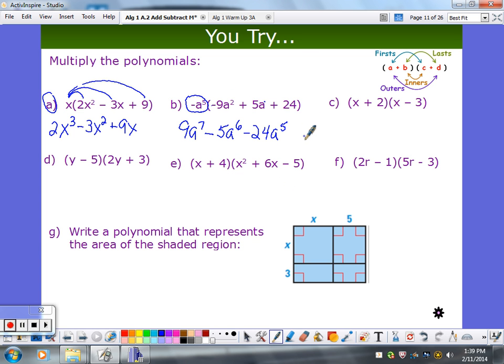All right, and now let's look at this guy. Now this is a binomial times a binomial. Multiple distribution. Guys, so pretend 2 isn't there. Now we're just going to distribute the x. X times x. X squared. How many factors of x? X times negative 3. Okay, now I'm done with the x.